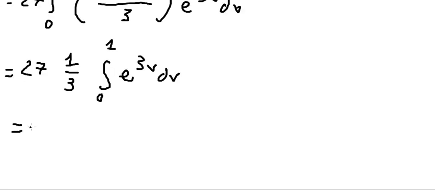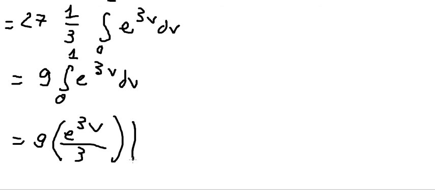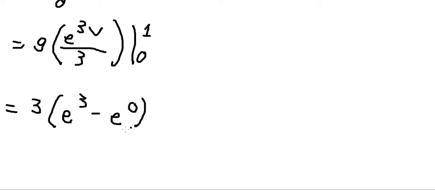This one we got 9. The integration of this one, we have e to the power of 3v over number 3, and now we put the bounds from 0 to number 1. 9 divided by 3, you got 3. We simplify. This is the end. Thank you for watching.